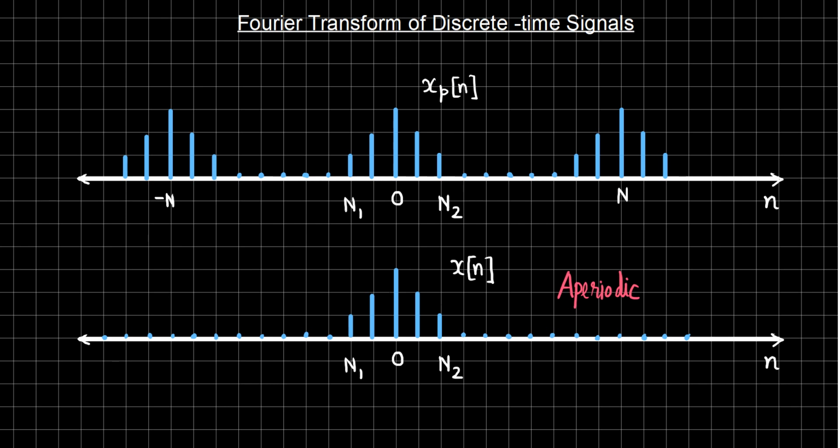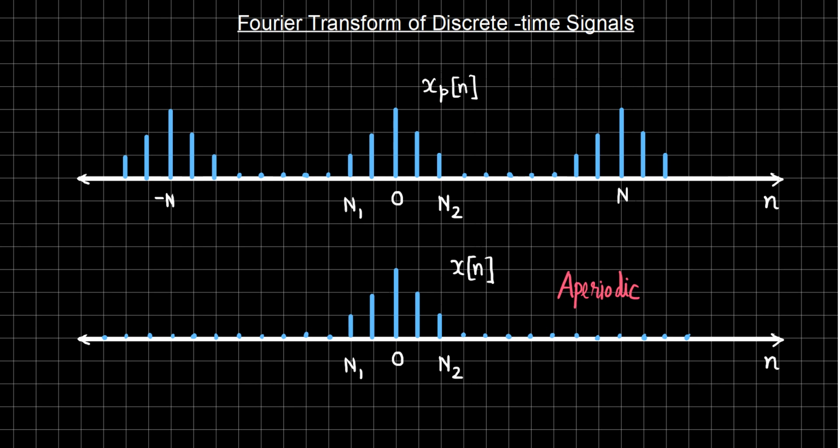What I mean by that is that this x of n can be thought of as a part of a signal xp of n, that is a periodic signal where its period is N, and let's suppose this N, that is the period of this periodic signal, tends to infinity, then we may say that this periodic signal turns out to be this aperiodic signal x of n.